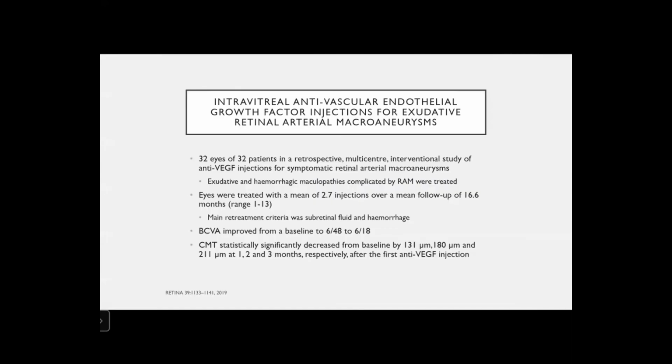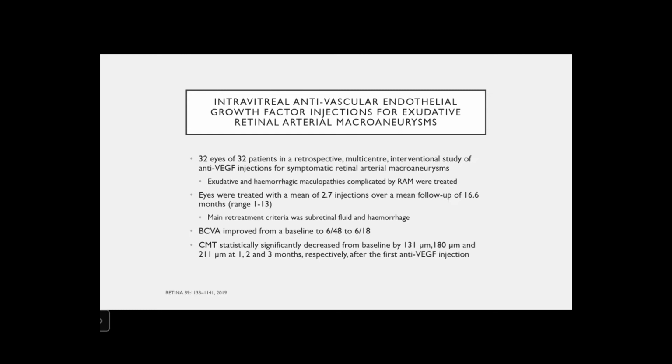And when I stumbled upon this paper in 2019, it certainly changed my management in patients with symptomatic retinal artery macroaneurysms. This was a retrospective multi-center paper published in Retina in 2019, where they looked at the outcomes of 32 eyes who had exudative and hemorrhagic maculopathies complicated by a retinal artery macroaneurysm.